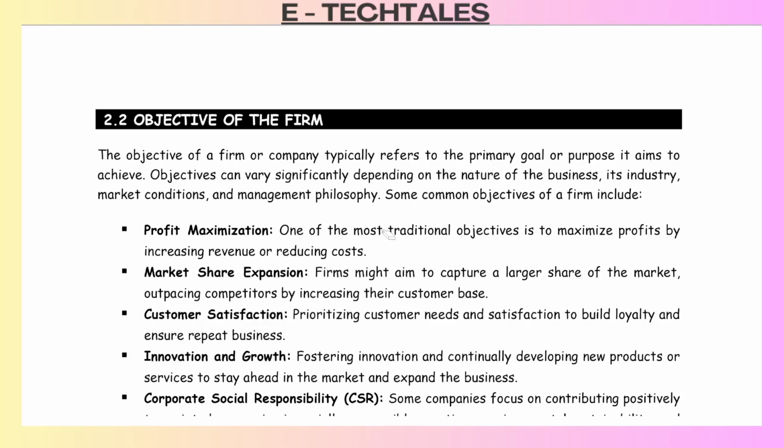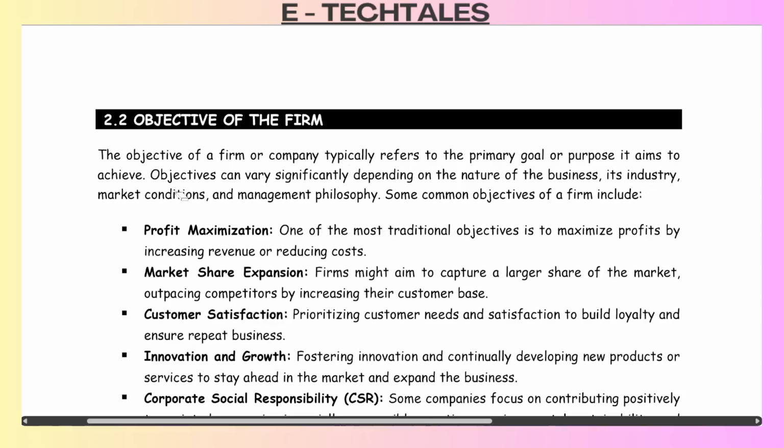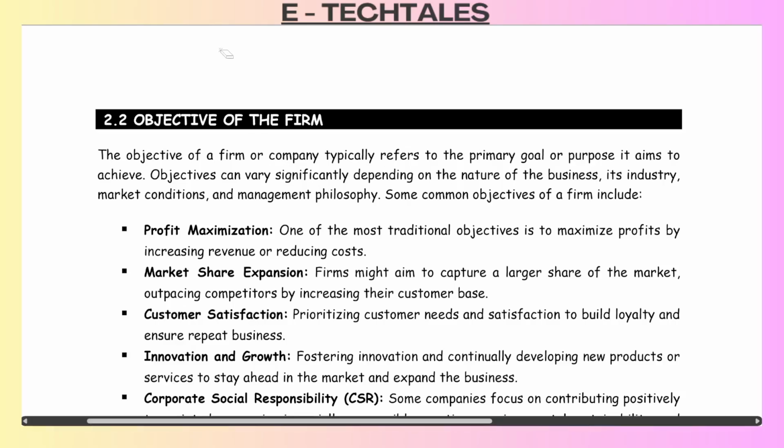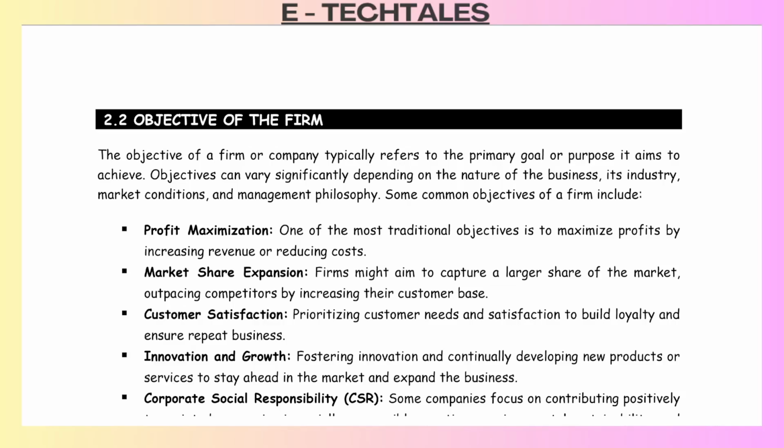It is not only that; there are many other factors depending on the objectives, such as the nature of the business, its industry, market conditions, and management philosophy. Right? Management psychology, spelling is wrong. Management psychology, right? Some common objectives included here is profit maximization.